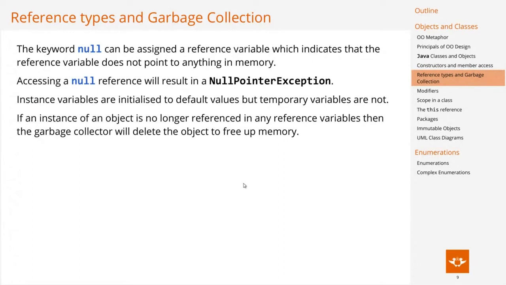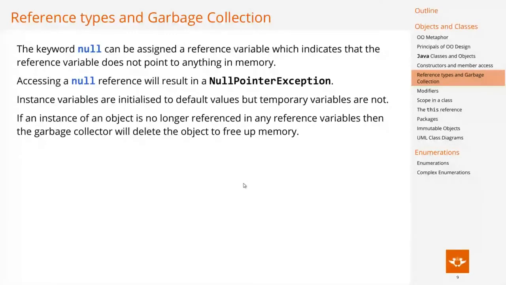When we're working with reference types, there is a keyword for references that point to nothing, and that keyword is called null. There's a lot of discussion about this keyword. Some people say it shouldn't exist because it leads to problems. Some people say it should exist because it avoids certain problems. Nonetheless, Java has this keyword called null.